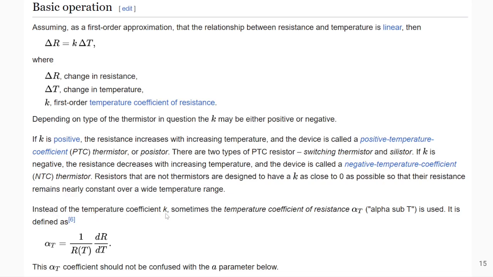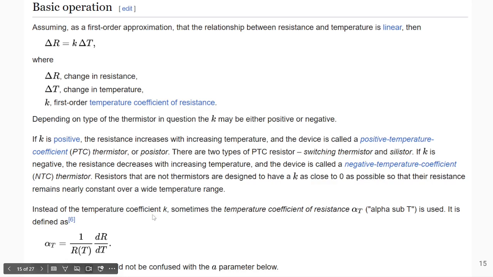Instead of temperature coefficient K, sometimes the temperature coefficient of resistance, which we call alpha T, is used, and alpha T is defined as 1 over R T times the change in resistance with respect to temperature. This is the rate of change of resistance with respect to temperature.